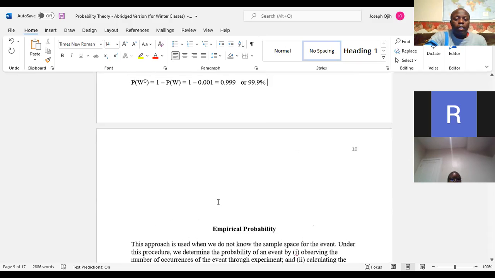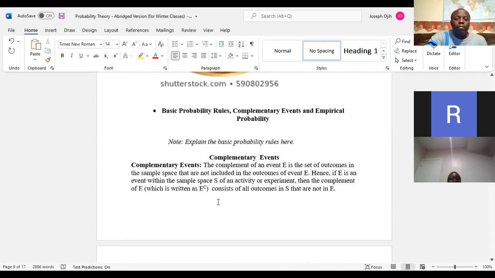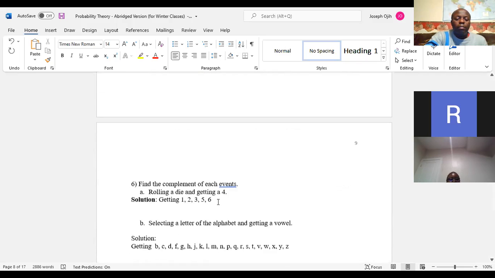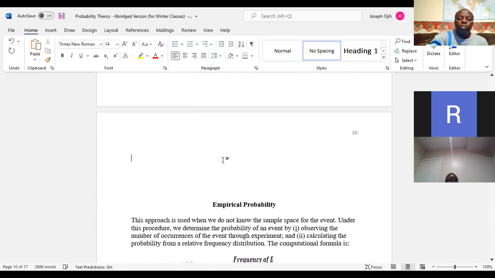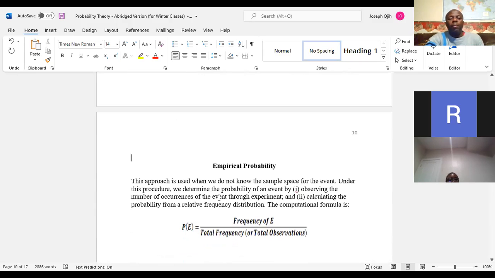Good. Now we can look at empirical probability. In empirical probability, we don't know the sample space. So first of all we have to find it by doing the experiment, or observing the number of occurrences through experiment.